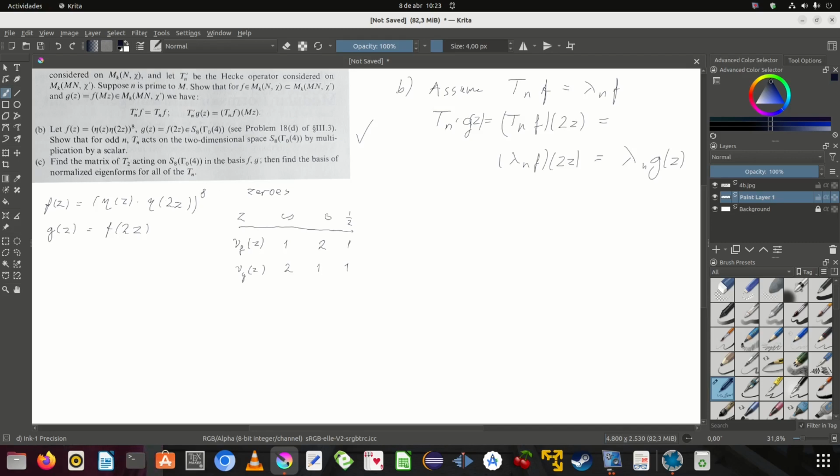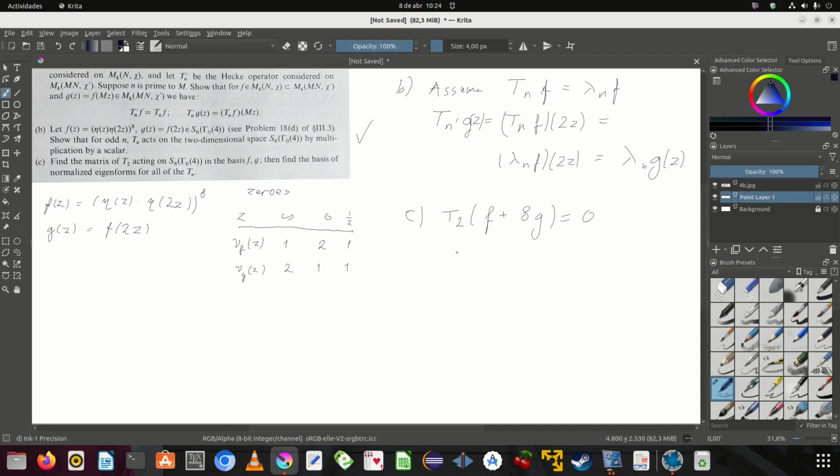And then we shall find the matrix T2. But I've already started on that, so let's finish that while we are at it. We have T2 of f plus 8g equals 0.